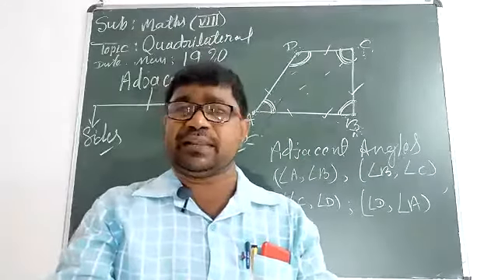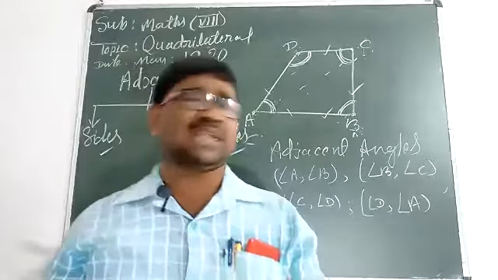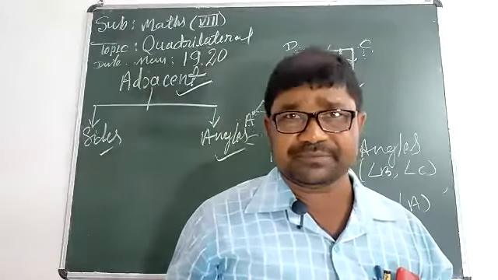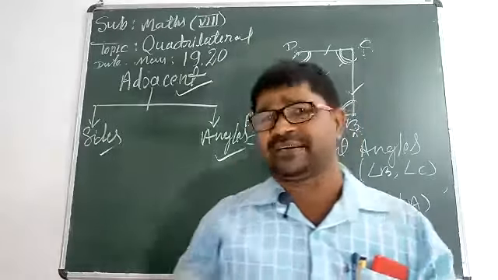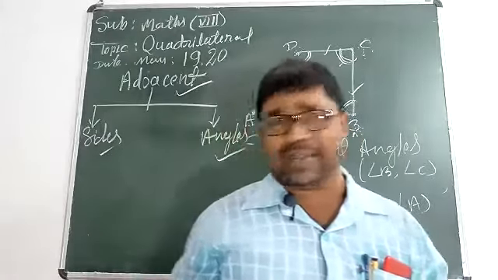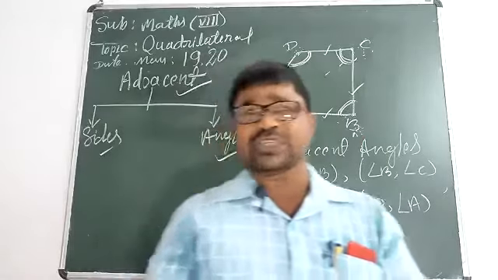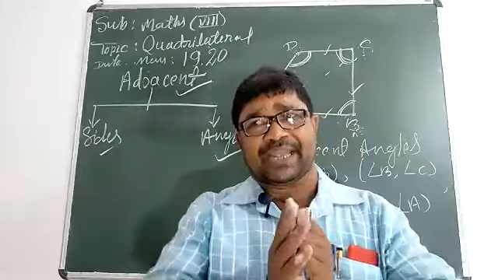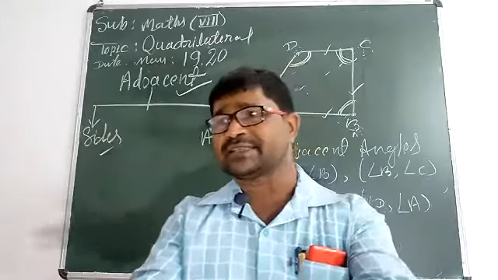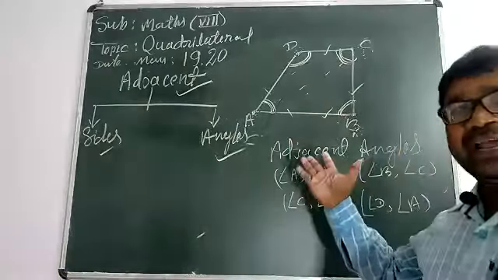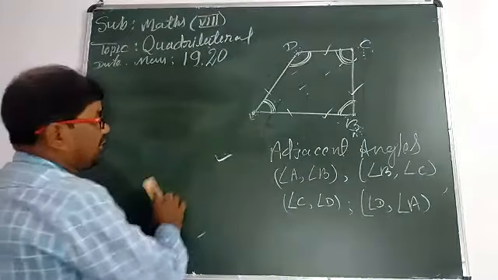What is a quadrilateral? A quadrilateral is a polygon having four sides. What do you mean by adjacent angles? One side having two angles, that is called adjacent angles. Adjacent sides are two sides from the same initial point going in different directions in the quadrilateral. Now we should go to the angle sum property of quadrilateral.